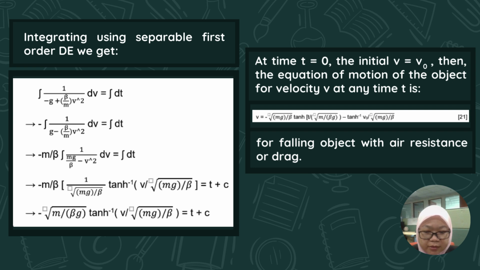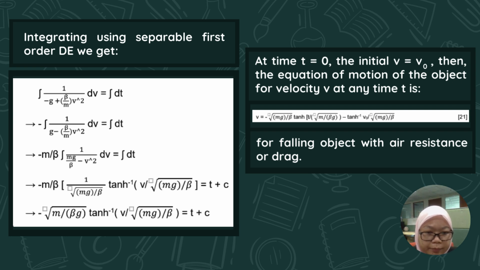Then negative m over beta multiplied by 1 over square root mg over beta, tangent hyperbolic inverse multiplied by v over square root mg over beta, equal to t plus c. Square root m over beta g tangent hyperbolic inverse of v over square root mg over beta equals t plus c.